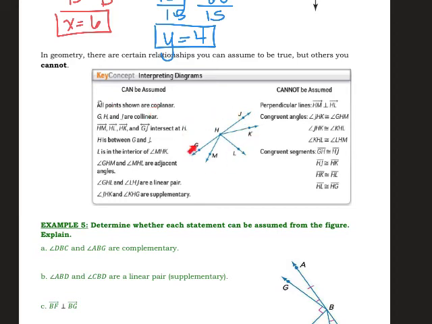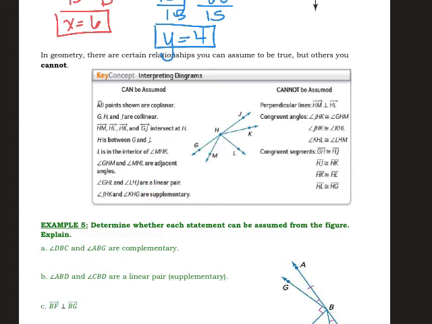We can say that points G, H, and J are collinear because they sit on the same line. We can say HM, HL, HK, and line GH all intersect at point H. We can say H is between G and J. We can say angle GHM and MHL are adjacent, that they're next to each other.